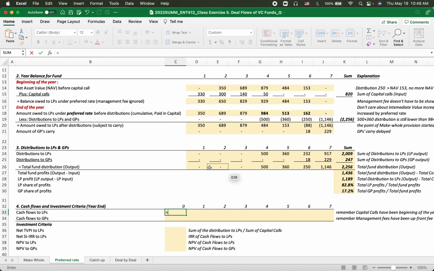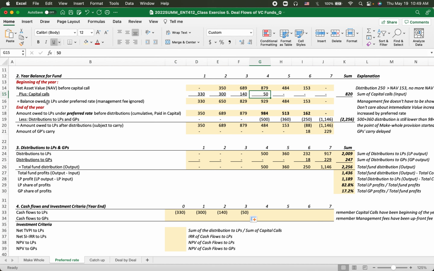Here, cash flows to the LPs. Then here, starting from, right, there we go. So minus 330, which is capital calls until year 3. Again, this is the beginning, right?